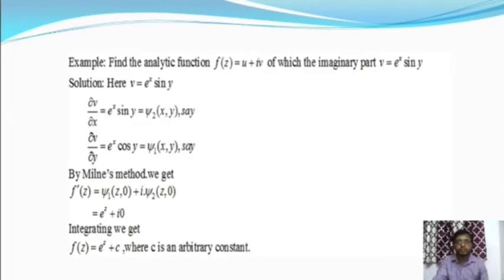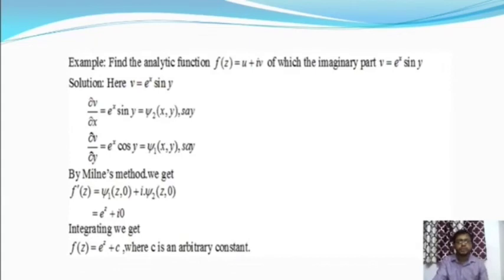So if v is given, then what is the Milne-Thomson method? The Milne-Thomson method is f dash z is equal to psi 1 z comma 0 plus i into psi 2 z comma 0, and I have already discussed this in the previous slide. Where psi 1 z comma 0 is equal to del v del y, and psi 2 of z comma 0 is equal to del v del x.